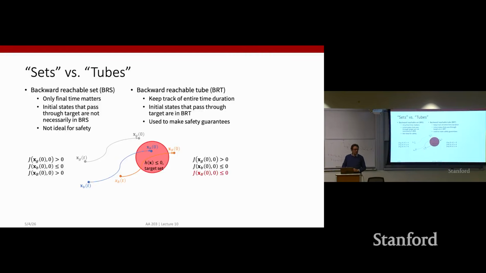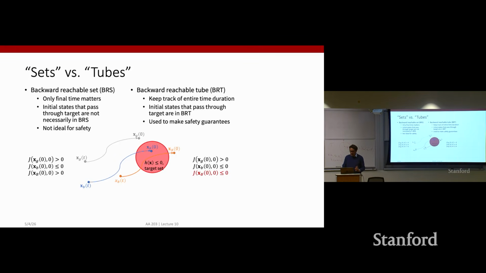This leads to the notion of a tube, whereby we want to reason not just with respect to the final time, but across the full time horizon. So basically, you're building a safety tube so that your trajectory stays outside of the avoidance set. Can we still use techniques from Hamilton-Jacobi-Isaacs equation?